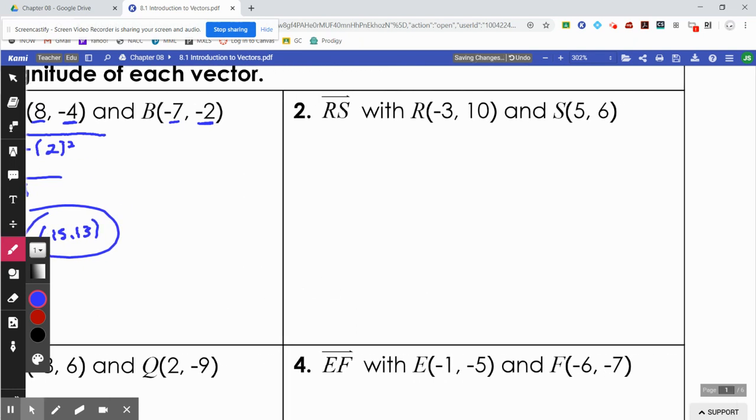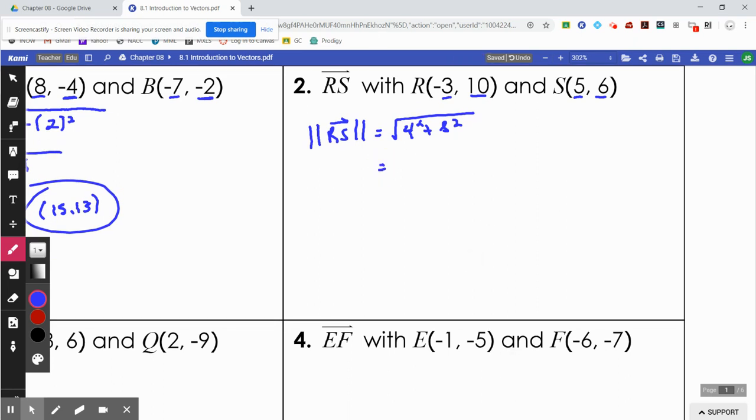Again, instead of doing that, I like the Pythagorean theorem. So to find the magnitude of vector RS here, why not do a squared plus b squared equals c squared? So the square root of the distance from here to here: the distance from 10 to 6 is 4. So 4 squared plus the distance from -3 to 5, which is 8. So 4 squared plus 8 squared.